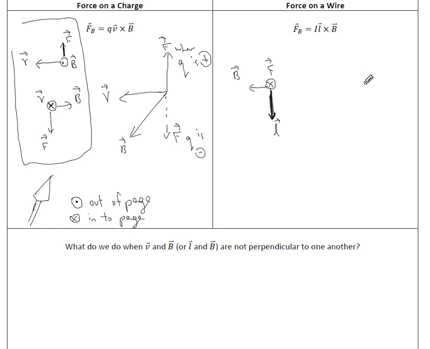Again, same idea. If I were to draw it in three-dimensional space, L, B, F would be up. This is for conventional current. If I was using electron flow, my force would be down.